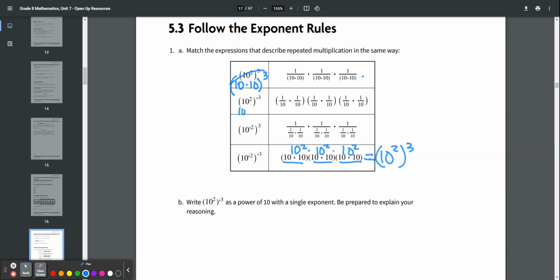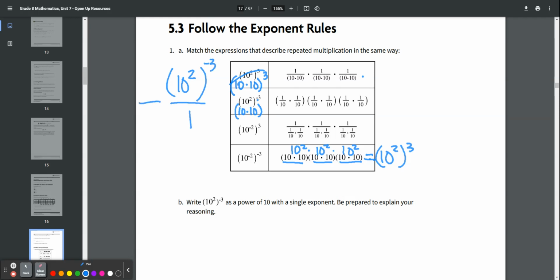The next one, I see the same thing. I see 10 being raised to the second power. I need to see 10 times 10, but then I see that reciprocal or that negative exponent, which tells me, hey, I'm looking for a reciprocal. So I need to be flipping that over, inverting my fraction. By inverting that, what I'm saying is if I see 10 to the second power raised to the negative third power, it looks like this.